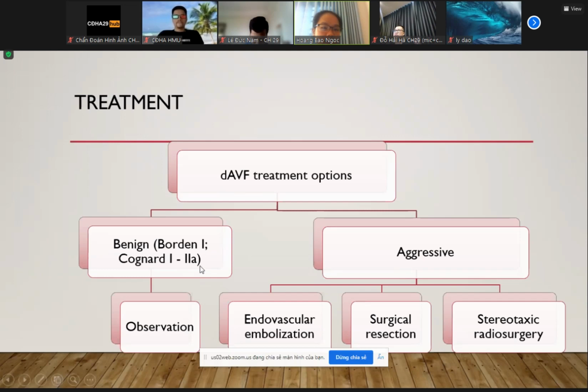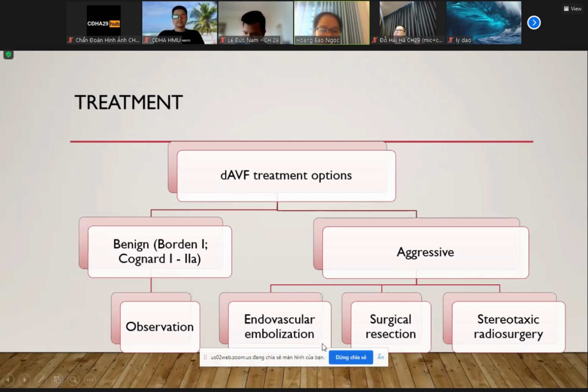For benign lesions classified as Borden type 1 or Cognard 1 and 2A, all we have to do is observation and maybe a follow-up examination. For aggressive lesions, there are some treatment options like endovascular embolization, surgical resection, and stereotactic radiosurgery.